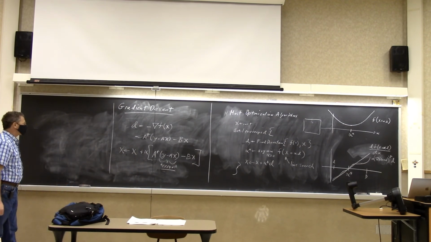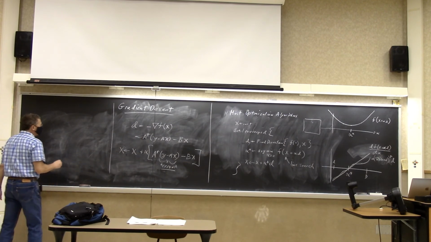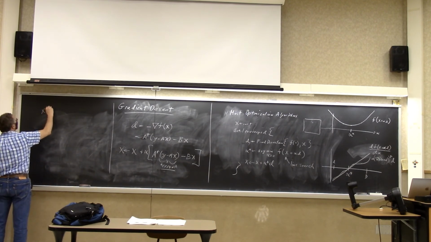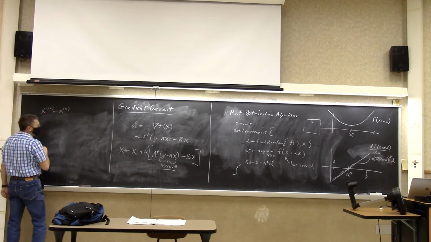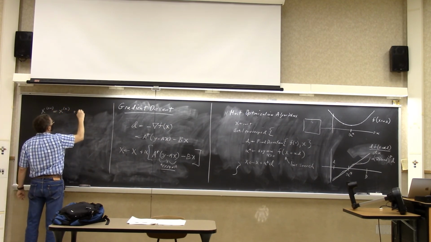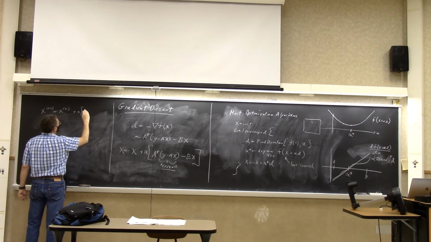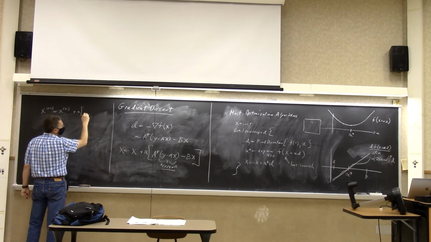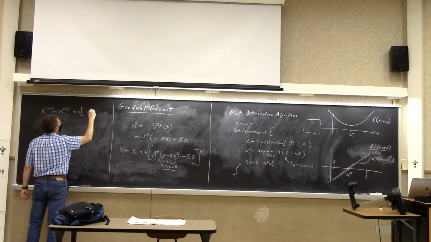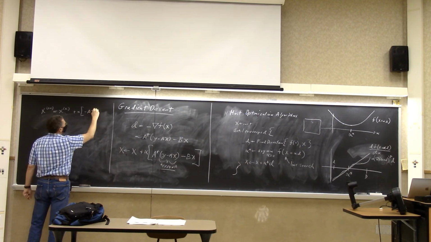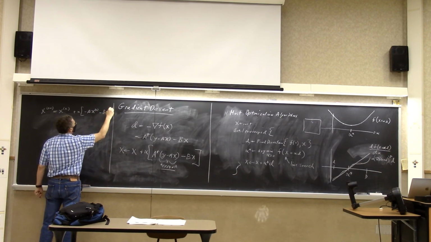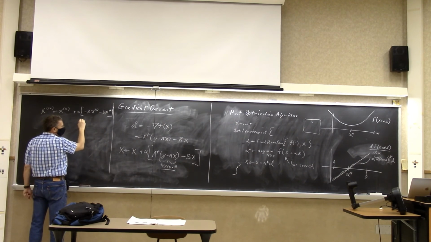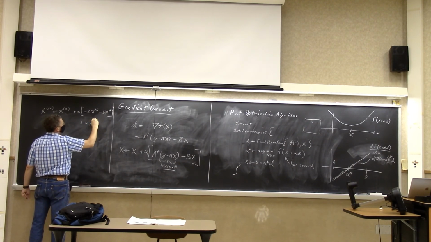So what happens is this. You can take, so this is x_{k+1} equals x_k plus alpha times, this is going to be minus A x_k minus B x_k, and then this is plus alpha A transpose y.